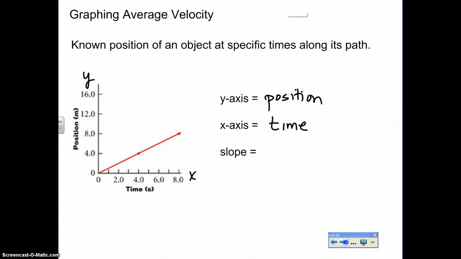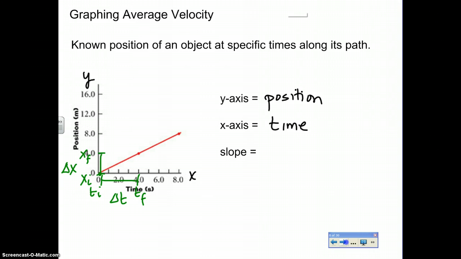What does the slope of this graph indicate? Well, here we can see that at time 0, it had an initial position. After 4 seconds, it had a final position. So this gives us our change in position, and this gives us our change in time, because here we have our initial time, here we have our final time.